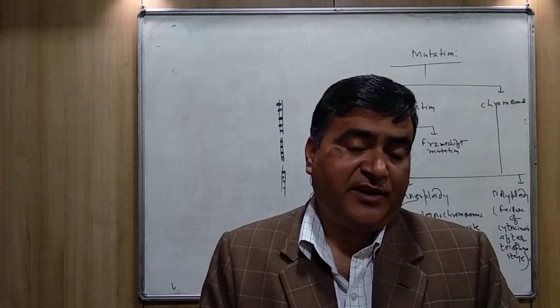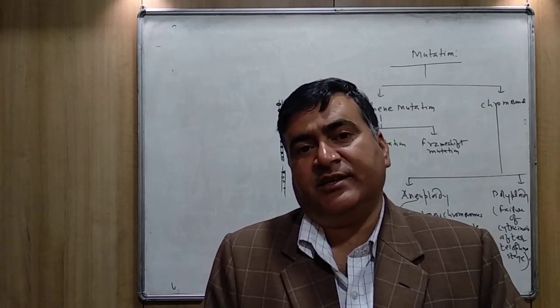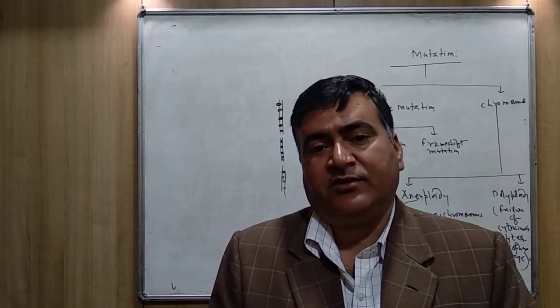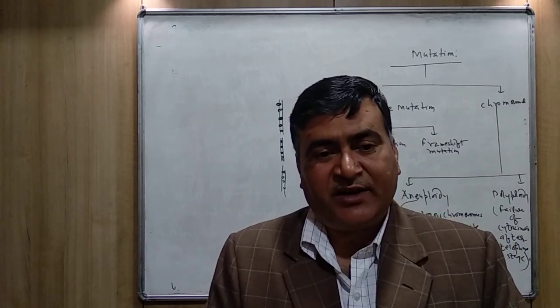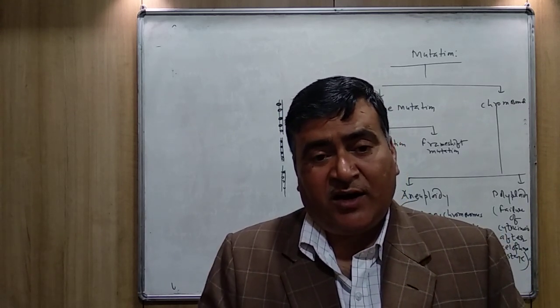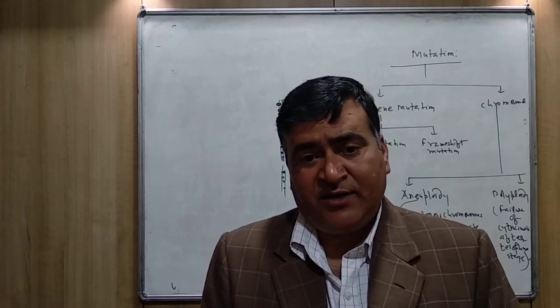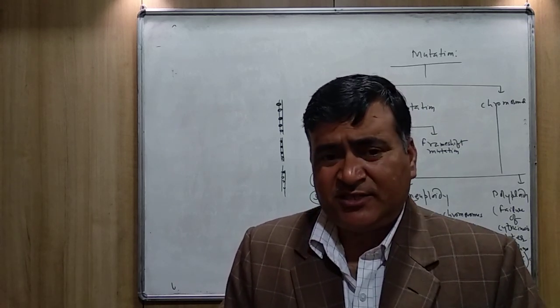It is already given, what is point mutation, and give one example, that is sickle-cell anemia. We will definitely discuss in detail what sickle-cell anemia is, and how a change in a single base is the cause of this disease.